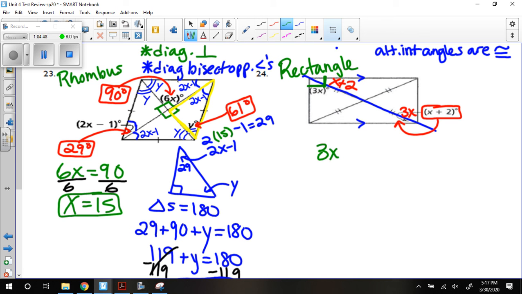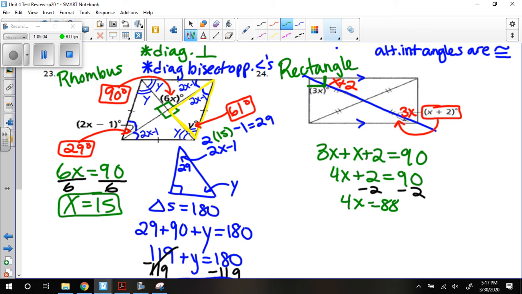So I can say that my 3x plus the x plus 2 are supposed to add up to 90 degrees. So 4x plus 2 equals 90. I can subtract the 2. 4x equals 88 and divide by 4. So x is 22.